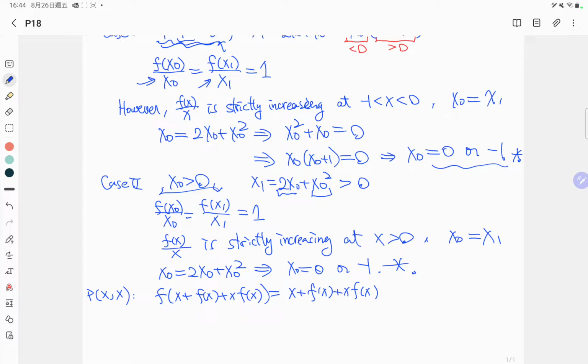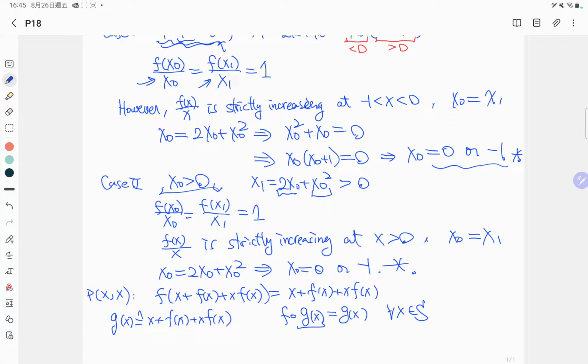So now we may call g of x to be x plus f of x plus x times f of x. Then we have f evaluated at g of x equals g of x for all x in set S, which means that g of x is a fixed point for all values of x.